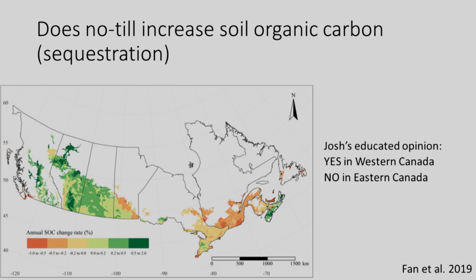And so many people will look at this and say, well, hey, it's because people in Western Canada do no-till, people in Eastern Canada do tillage, and that's the reason why. But the evidence suggests that no-till in Ontario does not increase soil organic carbon sequestration more than conventional tillage. What it does is increase soil organic carbon in the topsoil.